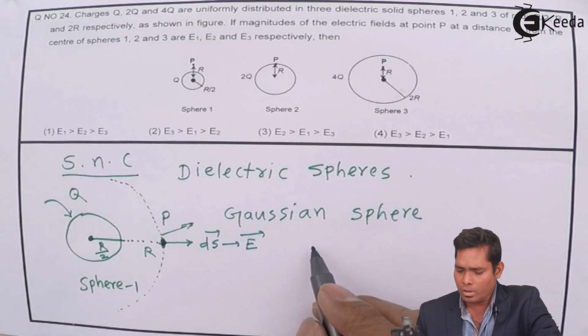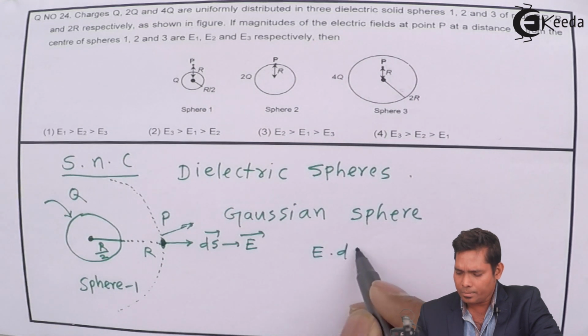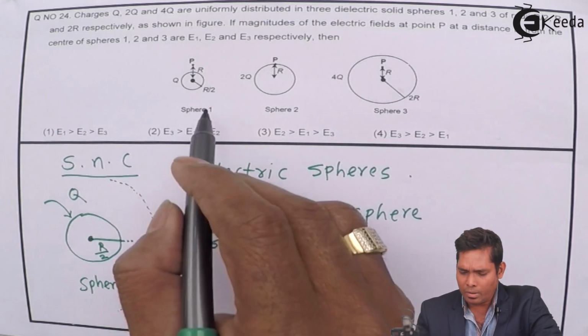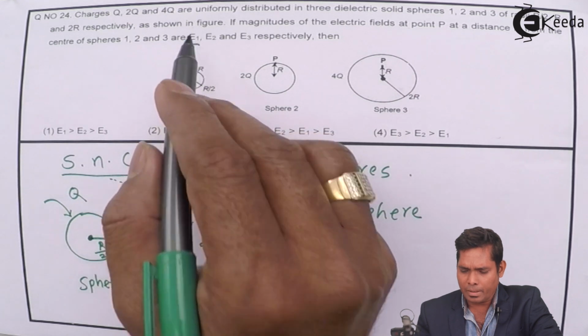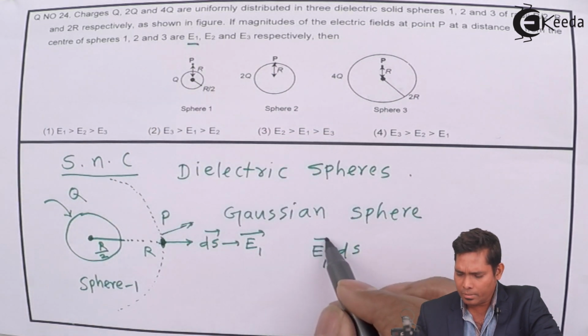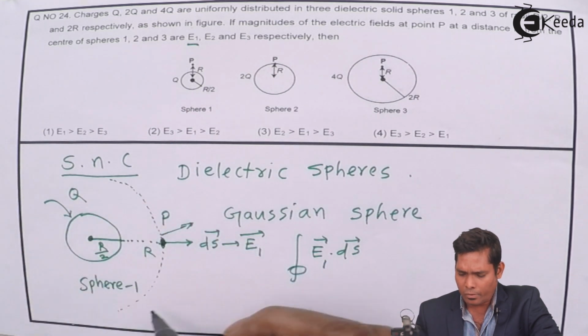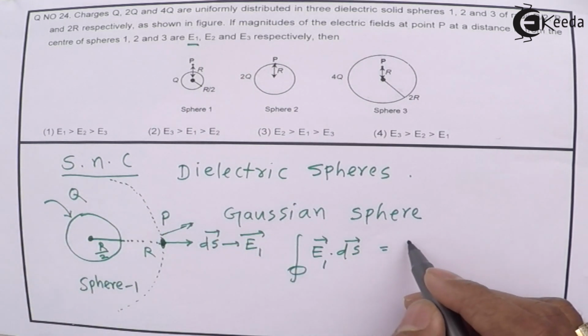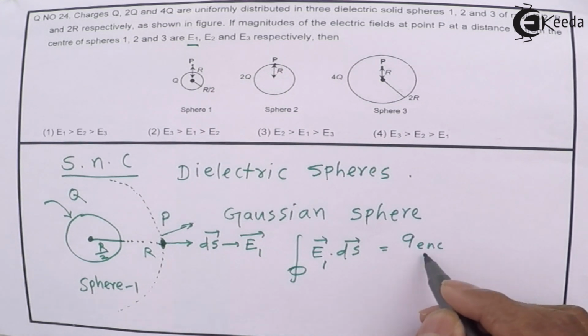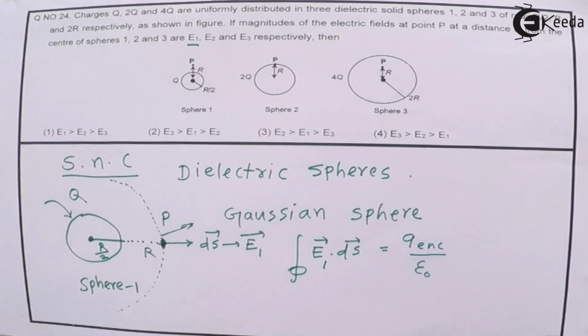Gauss theorem says the integration of E dot ds, in this case E1 ds, over the closed surface is Q enclosed divided by epsilon naught.